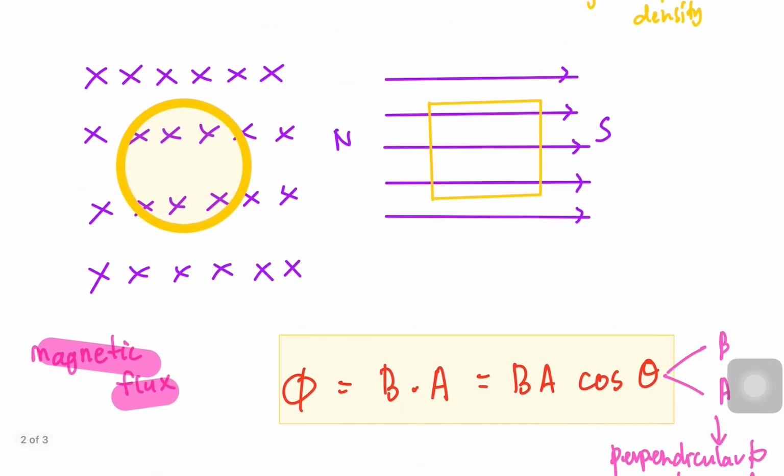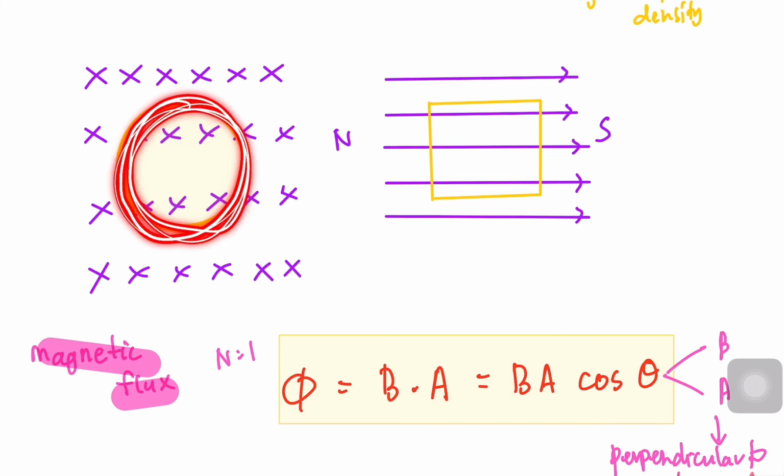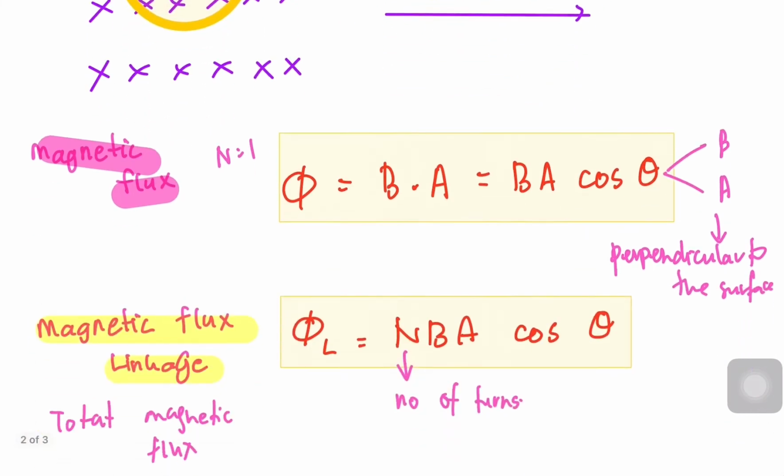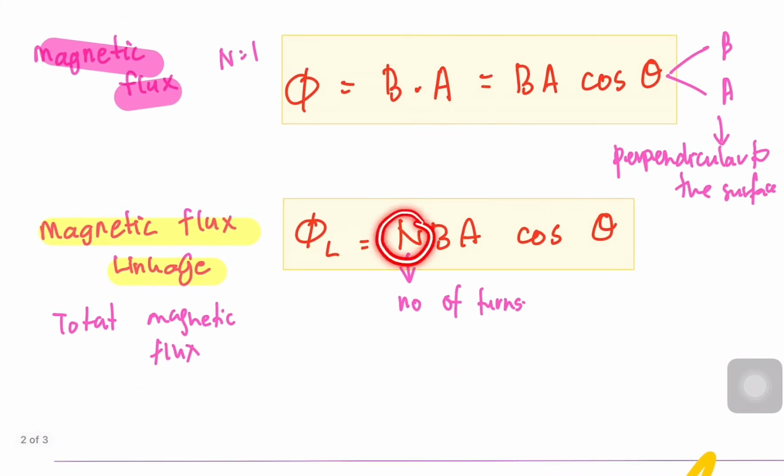For example, above we only had one turn, so for magnetic flux N equals 1. For magnetic flux linkage, we have many turns, and we want the total magnetic flux that passes through the whole coil. That's why we multiply by the number of turns.